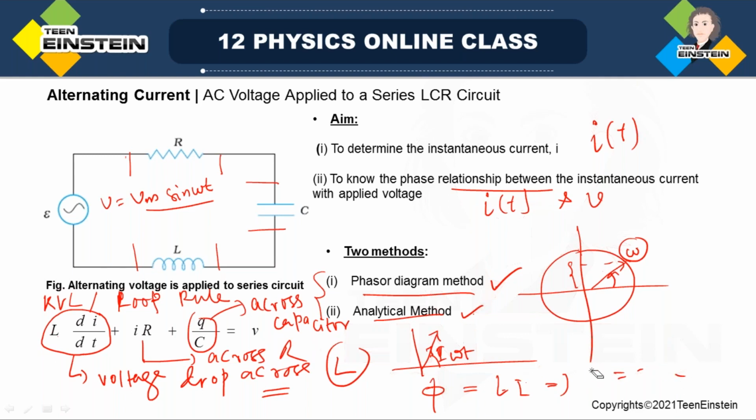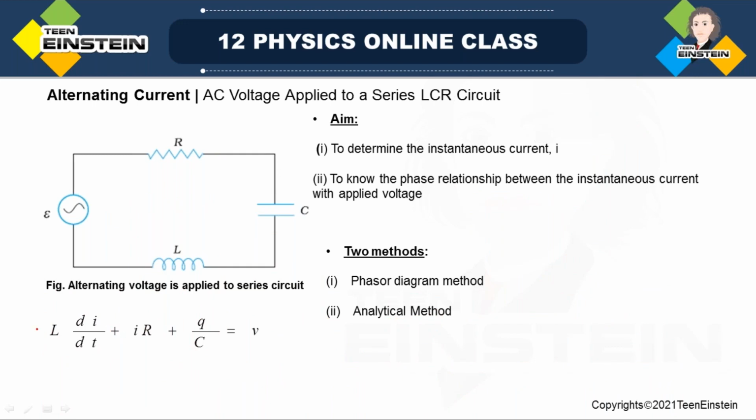And for the capacitor, there is a relationship between capacitance, charge, and voltage drop across the plates of the capacitor. If the charge Q is stored in these two plates of the capacitor, then Q is equal to C times the voltage across the capacitor. So from here I can write the voltage across the plates of the capacitor will be Q by C. And V is equal to IR from Ohm's law, that you know, so I'm not repeating that.